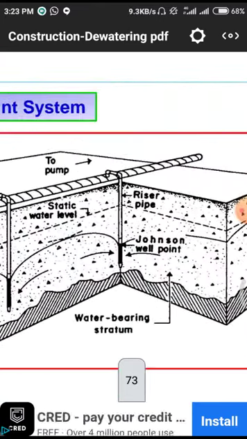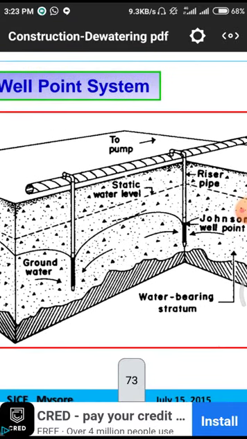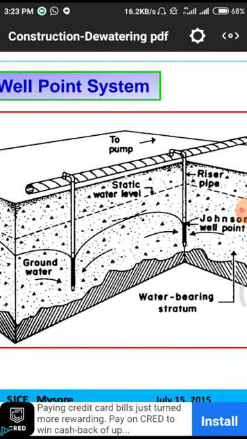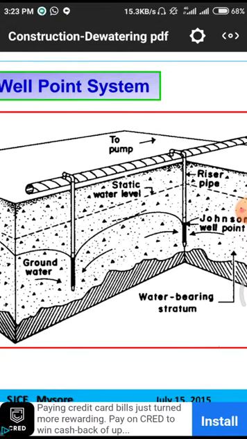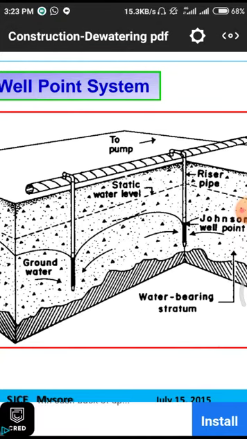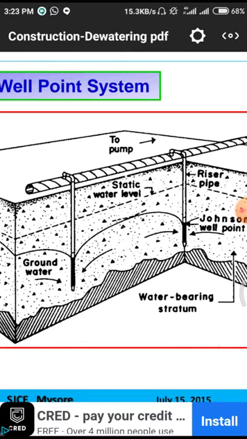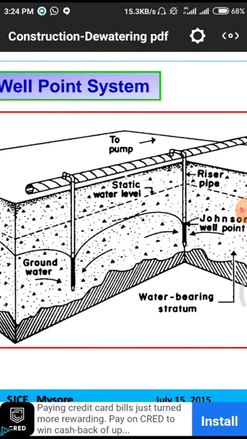This is another soil strata. That means we have this cross section, with the static water level at a particular dotted line. After removal of this water from the ground surface, there may be a decrement of the groundwater level. Those are also shown with the help of these arrow lines.